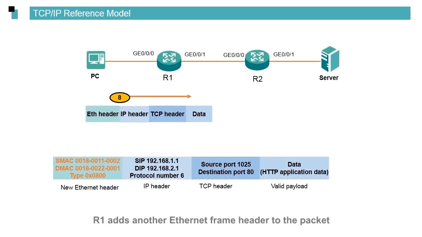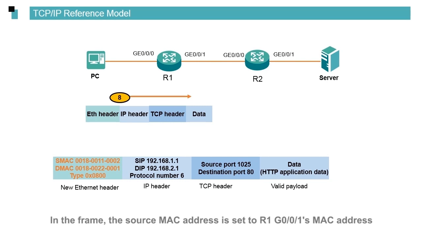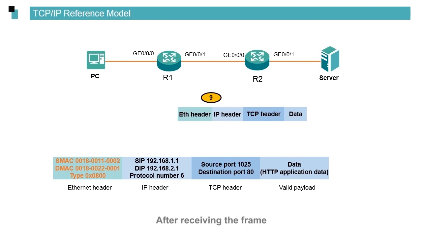R1 adds another Ethernet frame header to the packet. In the frame, the source MAC address is set to R1 G0/0/1's MAC address, and the destination MAC address is set to R2 G0/0/0's MAC address. After receiving the frame, R2 finds the destination MAC address is a local MAC address and removes the frame header.